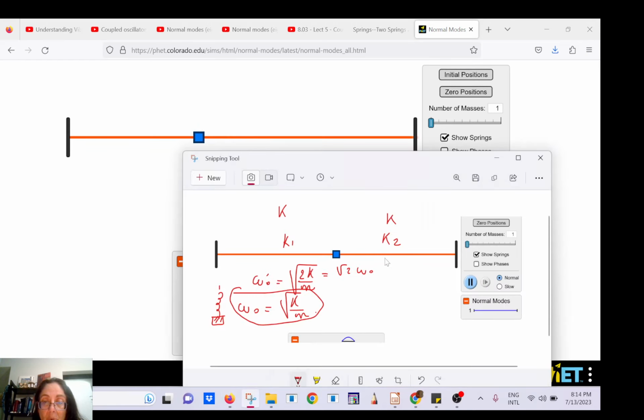We did that problem together. If omega sub 0 is the square root of k over m, just from one spring, and you have a mass with two springs, and those springs are the same length and the same stiffness, then the natural frequency is the square root of 2 times this.